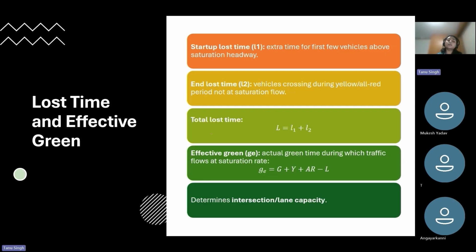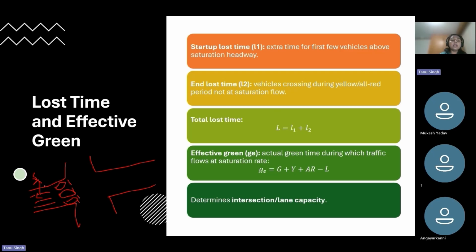If we explain, the initial vehicles take more time to cross the stop line. If we ignore that, then all the vehicles present in this intersection will move at a constant headway, that is, the saturation headway. But there will be movement at the end when vehicles are crossing during the yellow or all red period.